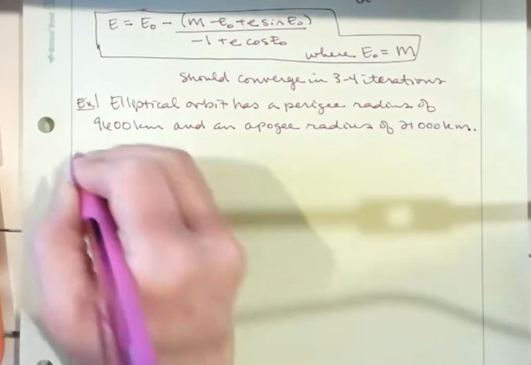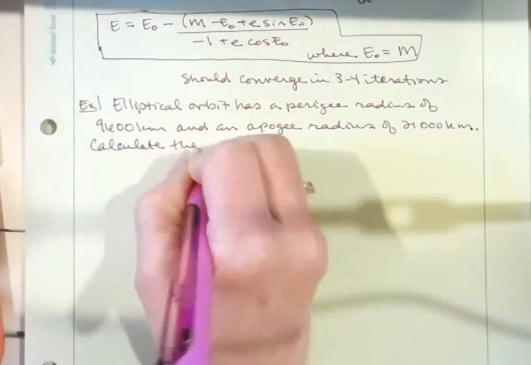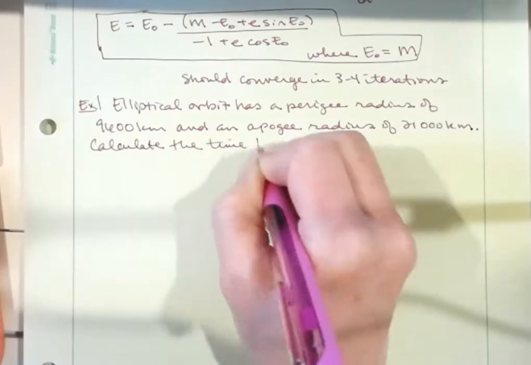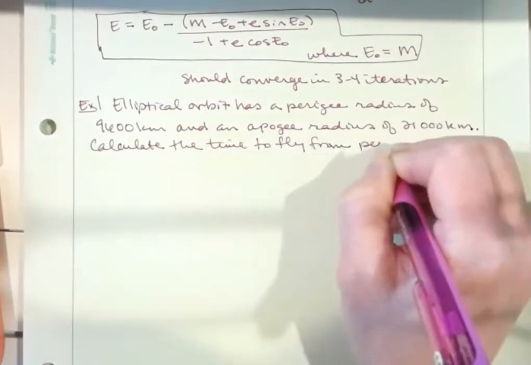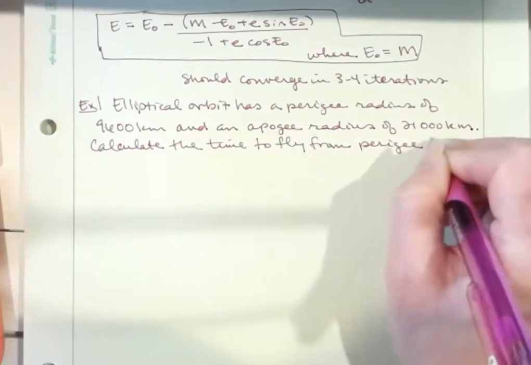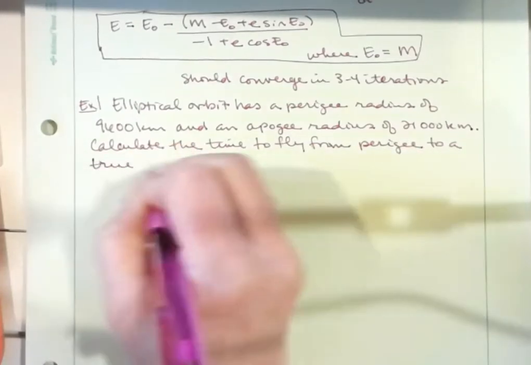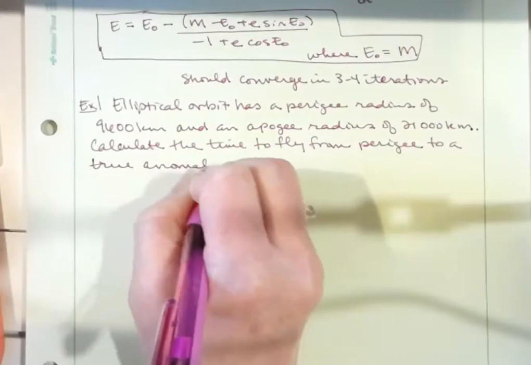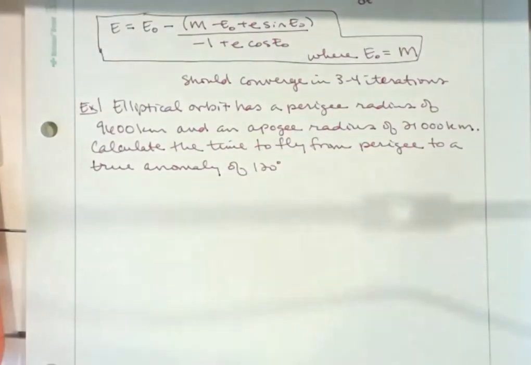So we want to calculate the time to fly from perigee to a true anomaly of 120 degrees.